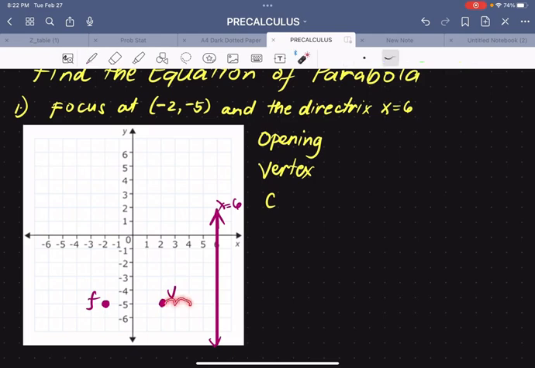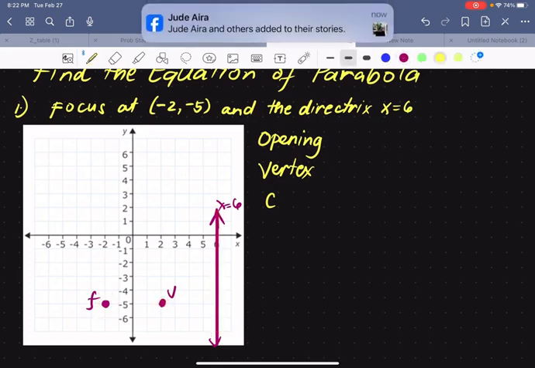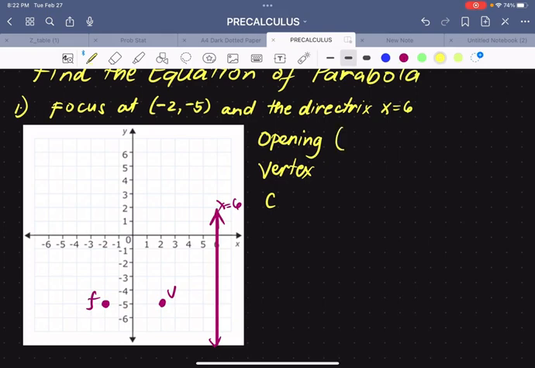Counting 1, 2, 3, 4, and 1, 2, 3, 4, this is the midpoint between the focus and the directrix. So what's the ordered pair of the vertex? That is (2, -5).